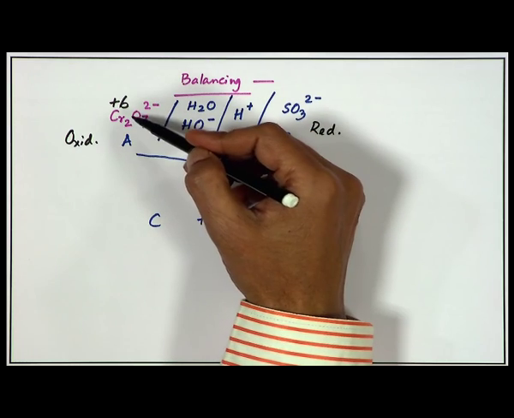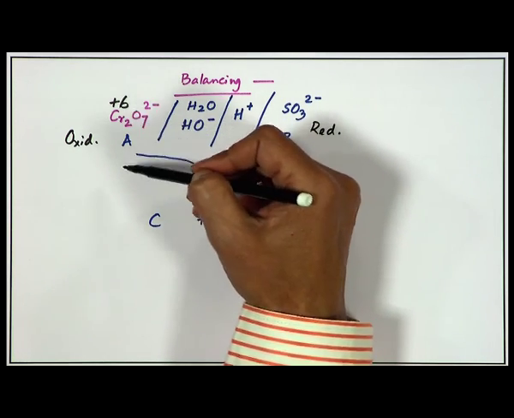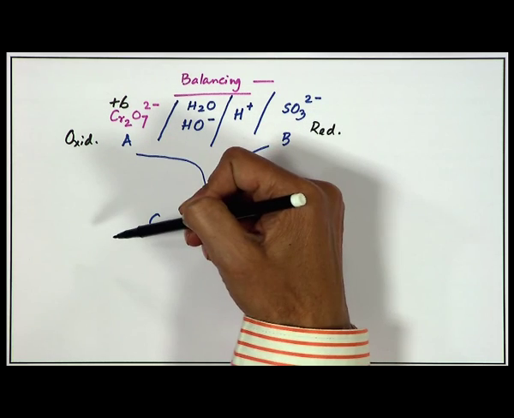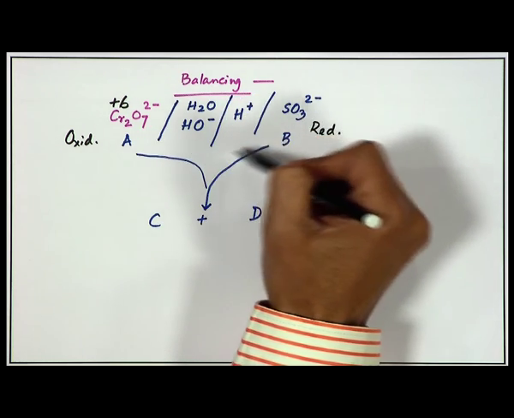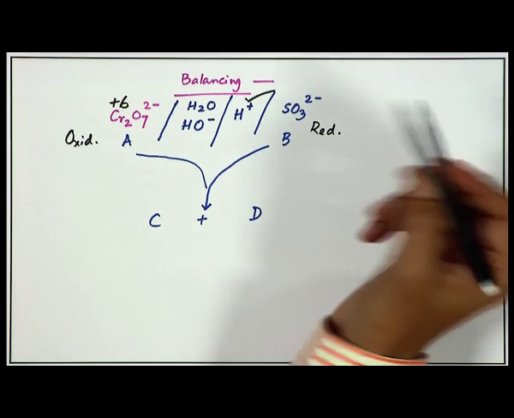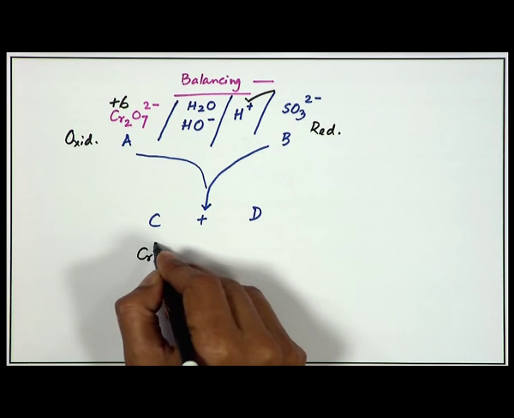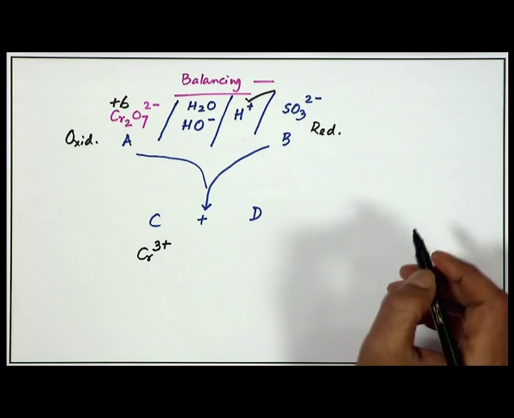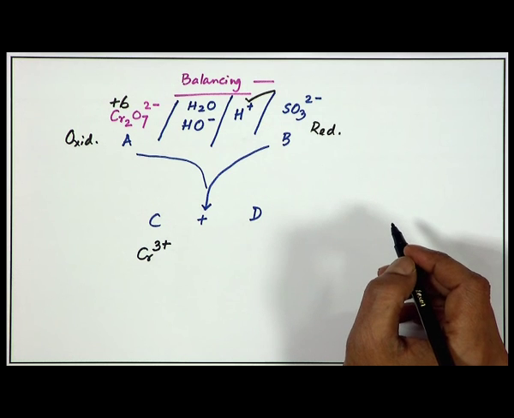So hexavalent chromium will be reduced. It can go to +5, +4, +3, but which is the most stable one in this particular reaction condition, which is slightly acidic? In this condition, C will be chromium 3 plus. So it will be reduced to the chromium 3 plus ion.